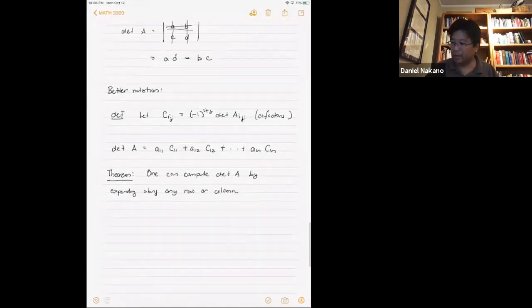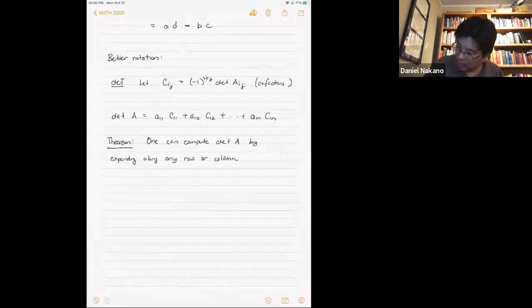Let me say exactly what I mean by that. If I take the determinant of A, then I could write this as Ai1 Ci1 plus Ai2 Ci2 plus through Ain Cin. So I'm expanding along the ith row here.